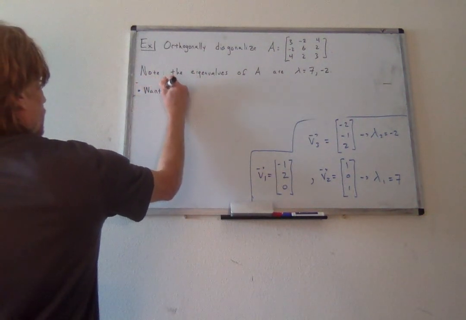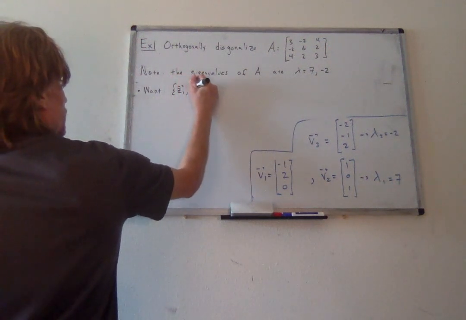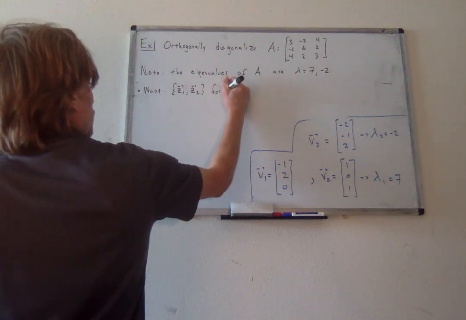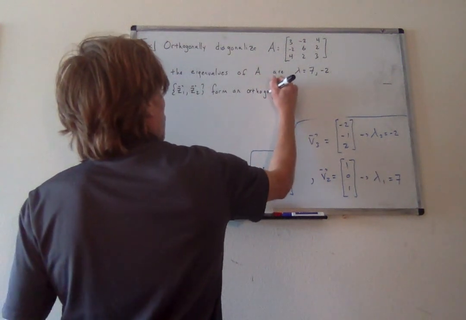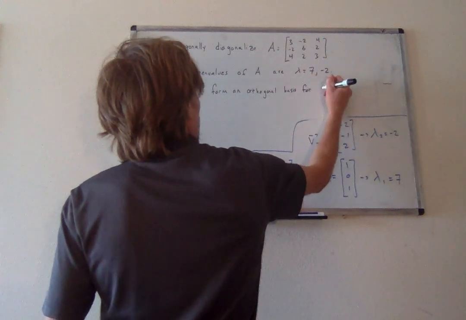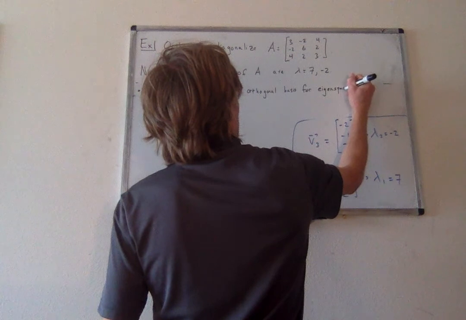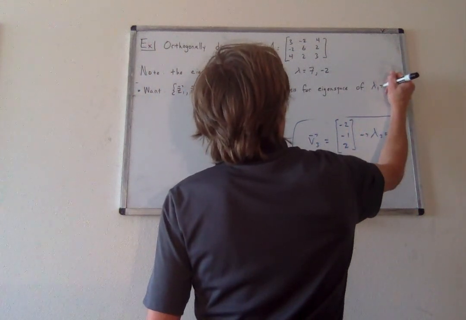So we want two vectors z1, z2 that form an orthogonal basis for the eigenspace of lambda 1 equals 7.